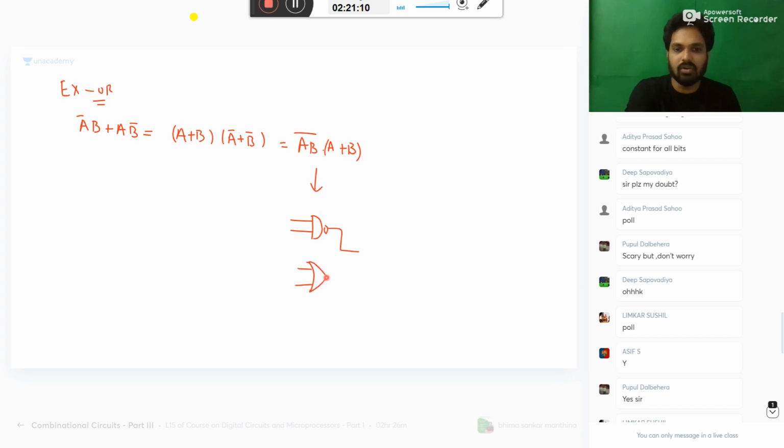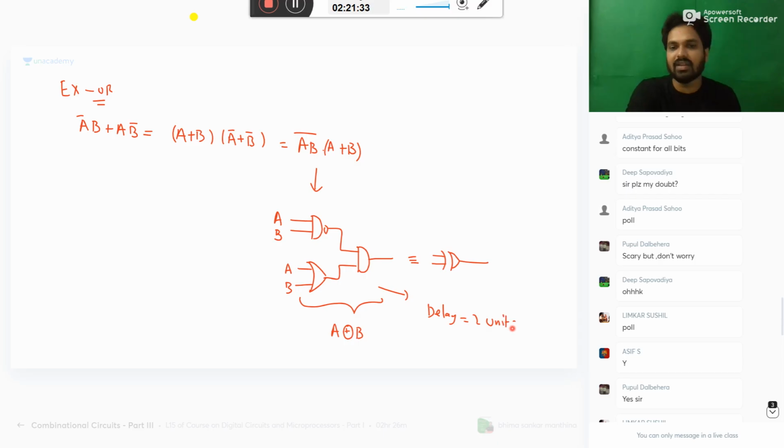All gates are available. No need to make with NAND gate. You give A, B here. What is this circuit? A XOR B. How much delay? What is the delay? 2 units. If you directly say XOR is available, 1 unit only, but here 2 units.